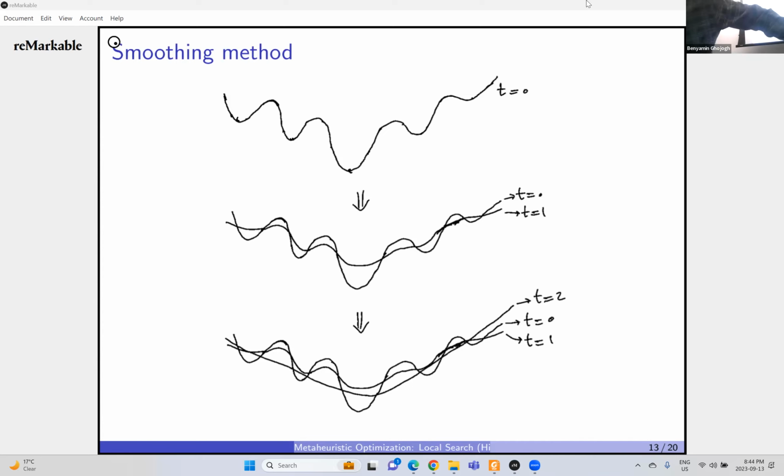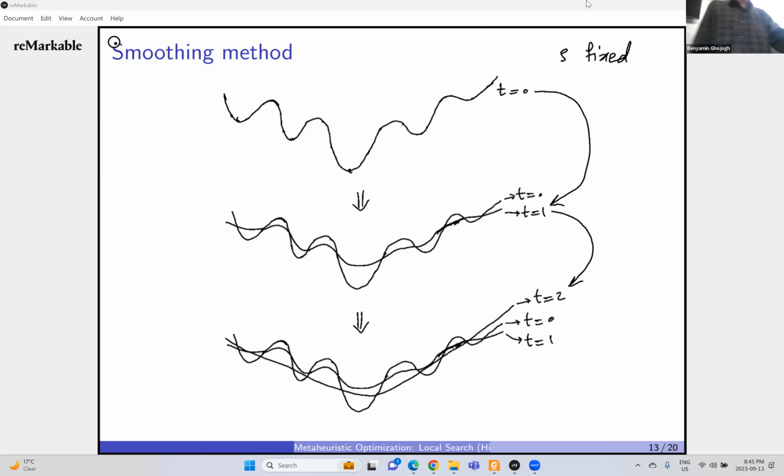So what do I mean? I apply a smoothing on this, it becomes t equals 1, this one. I apply a smoothing on t equals 1, it gives me t equals 2, right? At the same time, I can modify the window size S. But for simplicity, I think the easiest for you to understand, assume S is fixed.